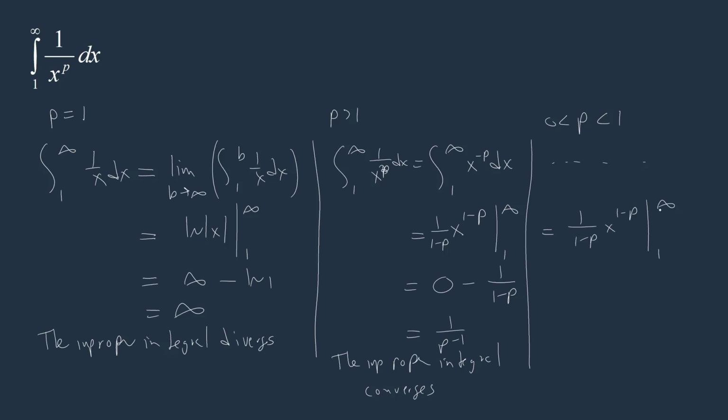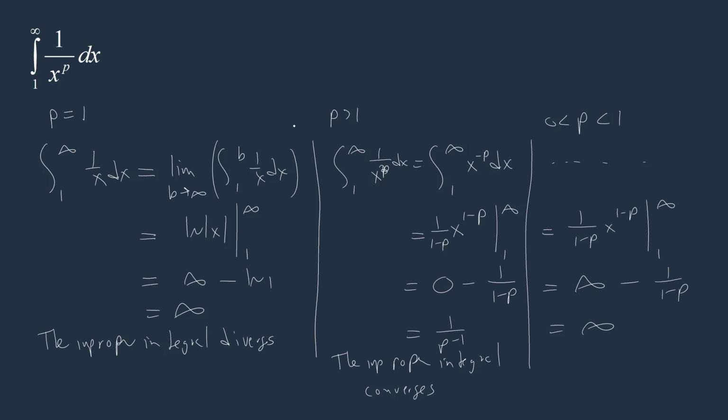And remember, the infinity means x is going to infinity. Since p is less than 1, this exponent here is positive. And if you take x to a positive power, but where the x increases without bound, the expression goes to and increases without bound also. So then in the limit, you now have infinity minus 1 over 1 minus p. And this time, that's infinite.